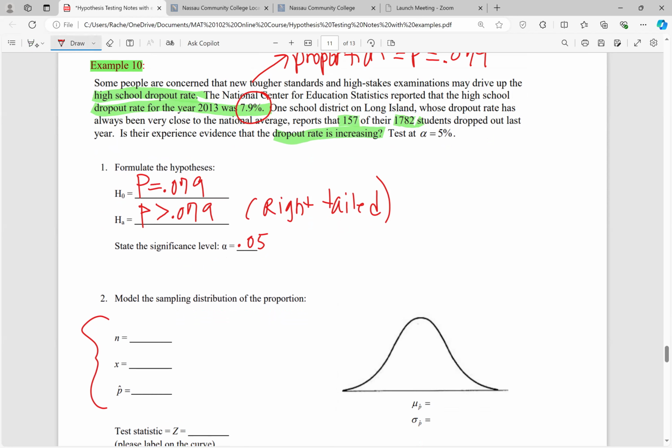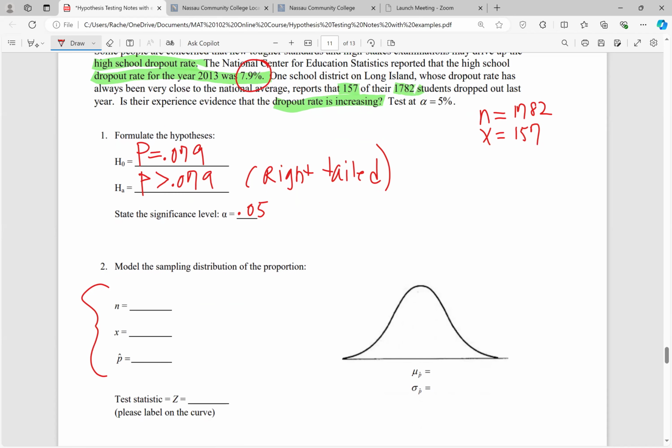So this larger number is the sample size, n equals 1,782. And the number of observations that dropped out, which is x, is 157. So let's write that down over here. So n, my sample size, is 1,782 students, and x equals 157 dropped out.